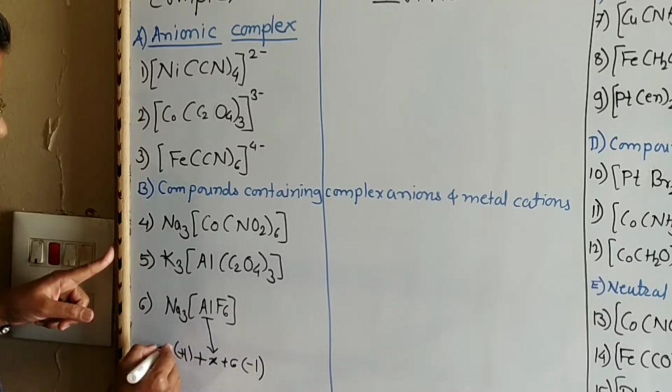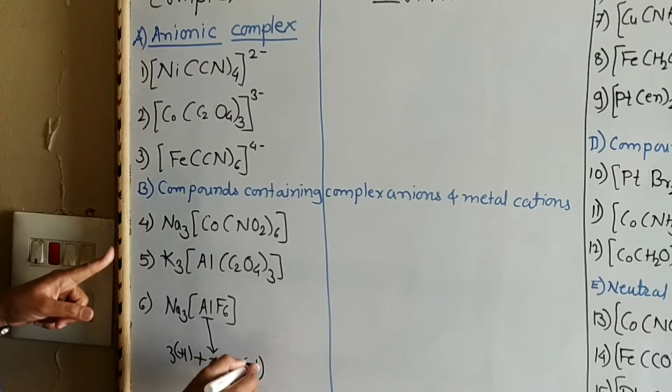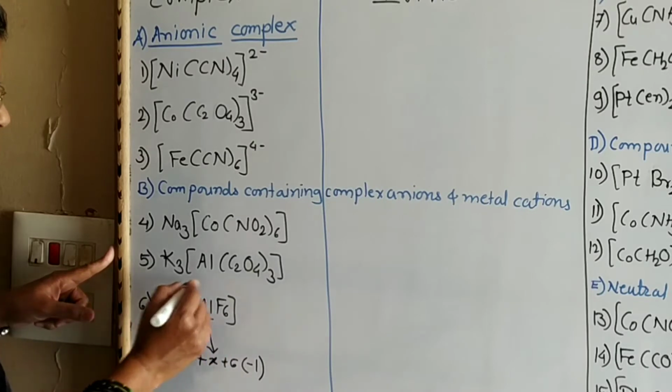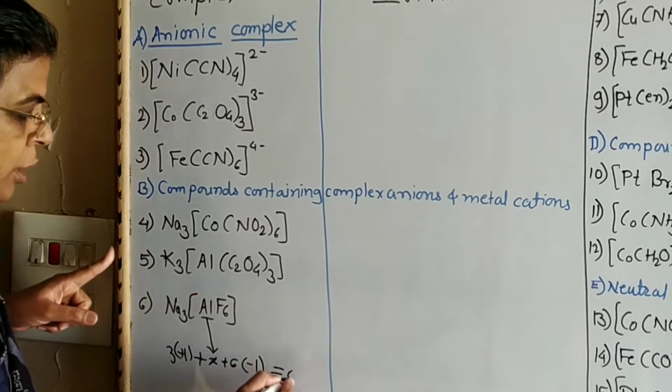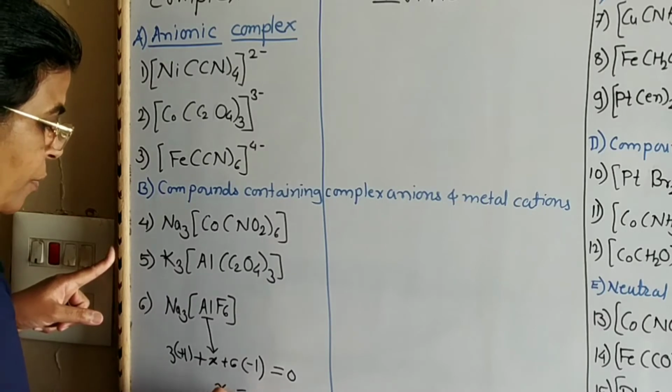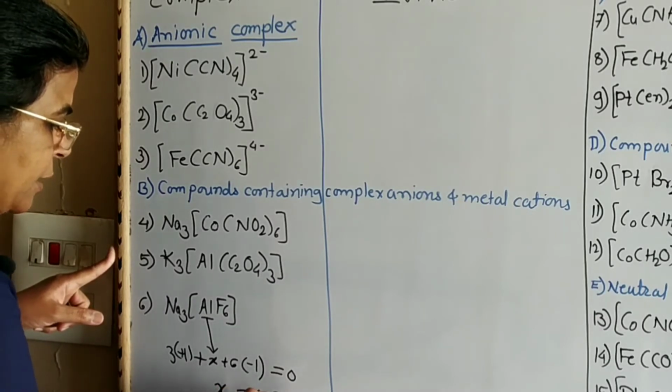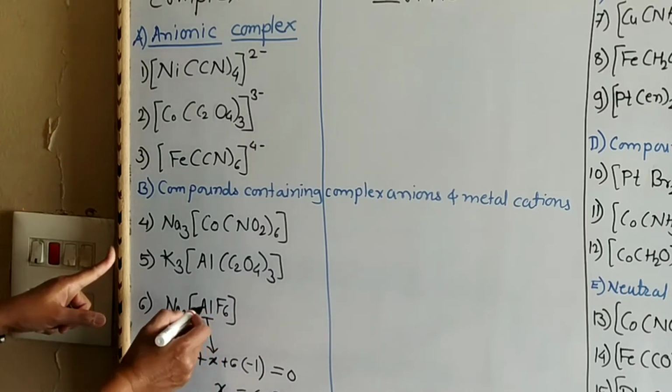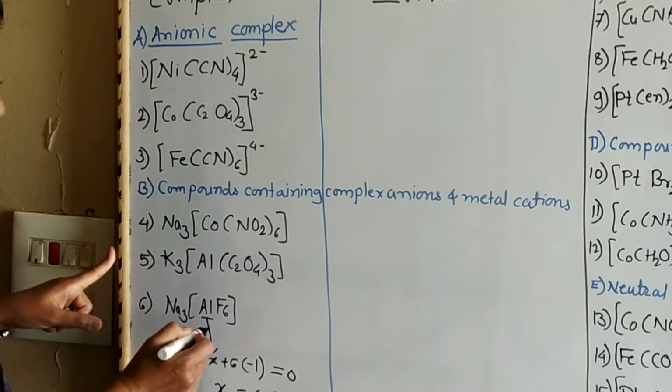There are 3 sodium, therefore write 3 into +1 plus X plus 6 into -1. The total oxidation state of this coordination compound is 0. Therefore X is equal to 6 minus 3, which is +3. That is, the oxidation state of aluminium in this complex is +3.